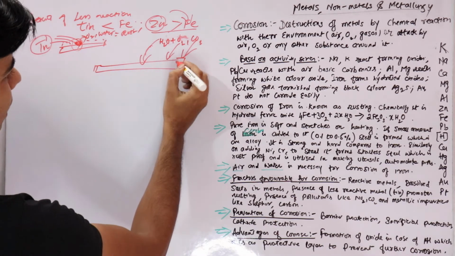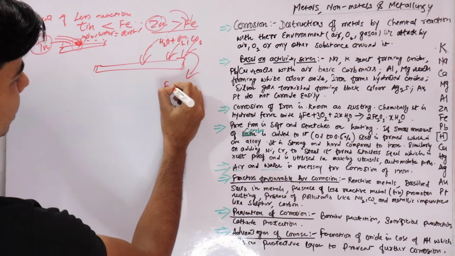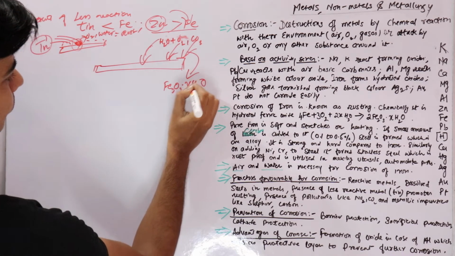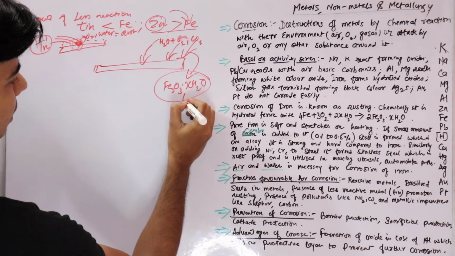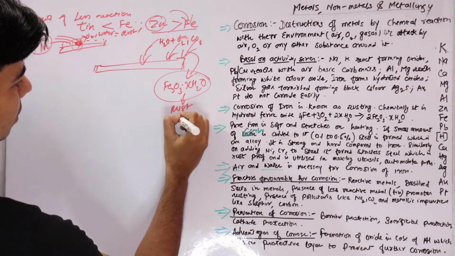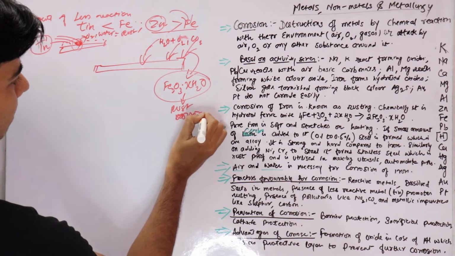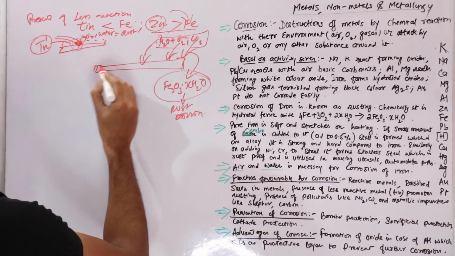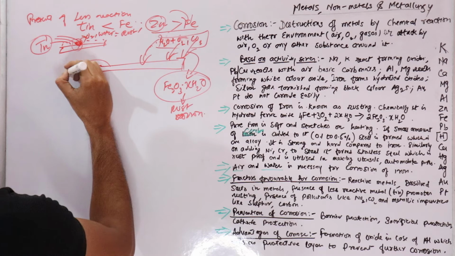When they attack the surface of iron, as we have gone through in the previous lecture, it will form ferric oxide, which is nothing but brown colored rust.